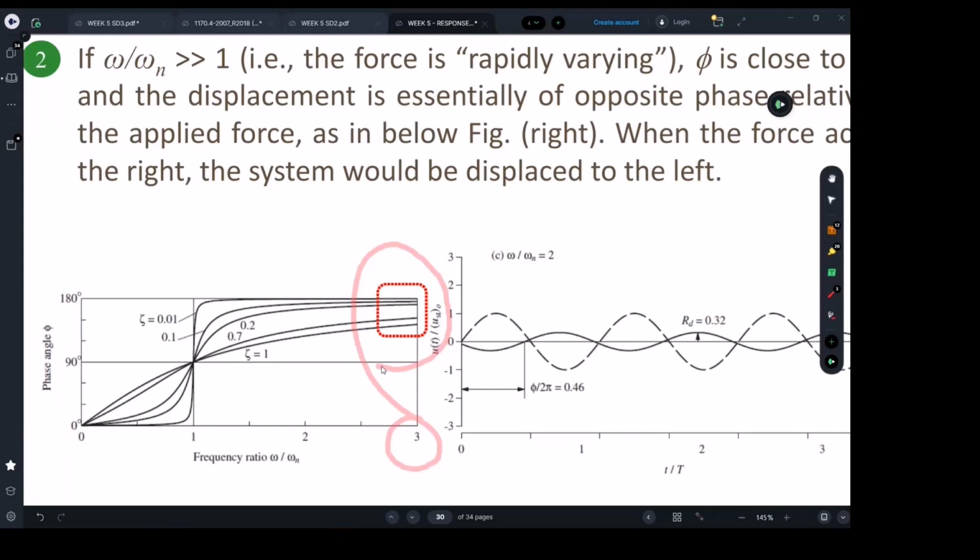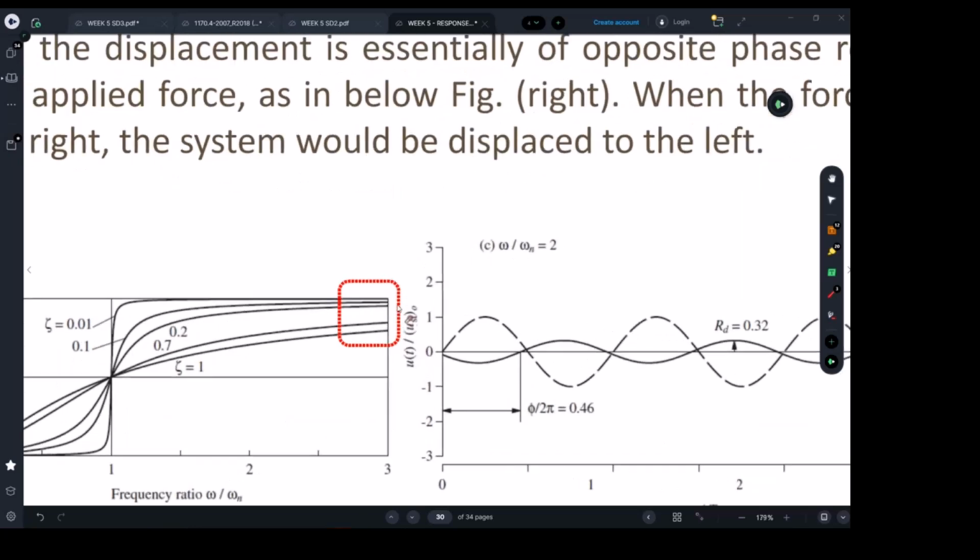With this situation, there's going to be a decent lag difference, and you can also be affected by the damping ratios. You may have some effects from the damping ratio.